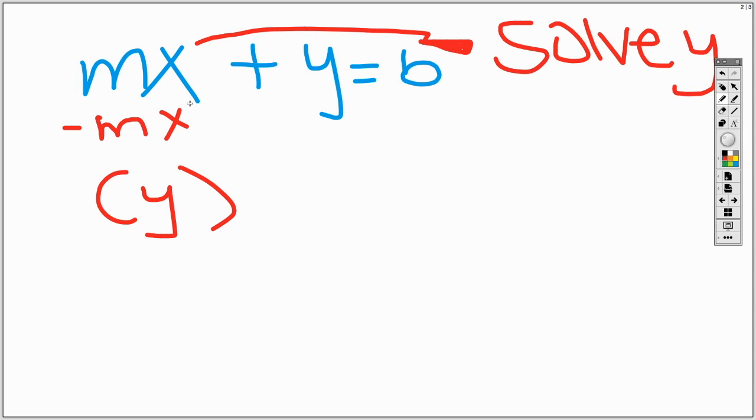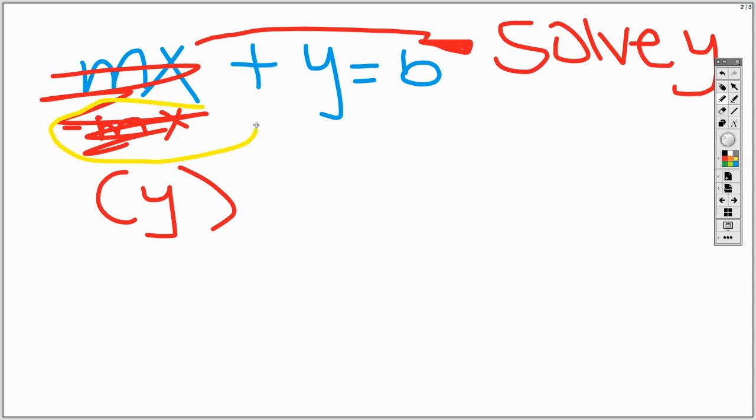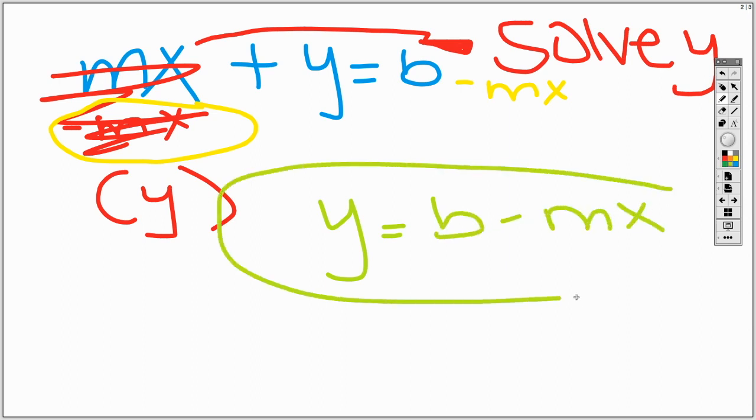Right now we're adding mx, so we subtract mx to get rid of it. We subtract mx here, and whatever you do on one side, you've got to do to the other. And then we get y equals b minus mx. Bingo. So those are two examples of literal equations.